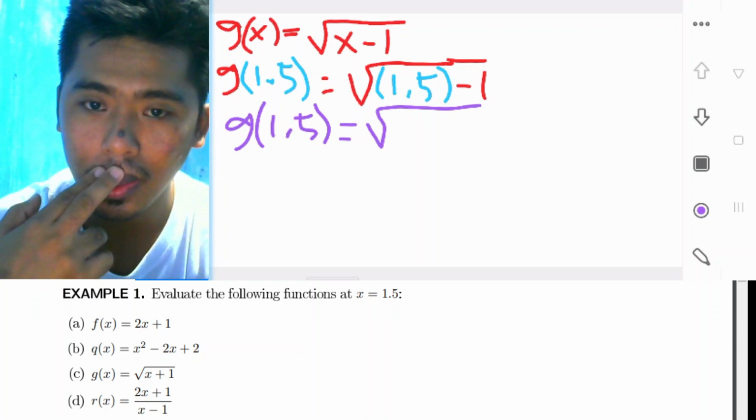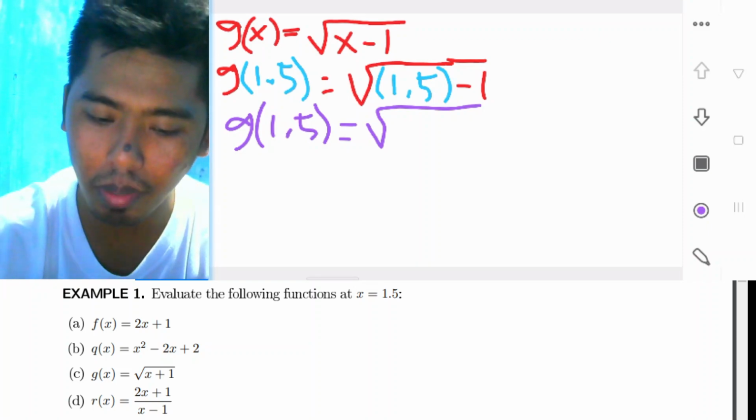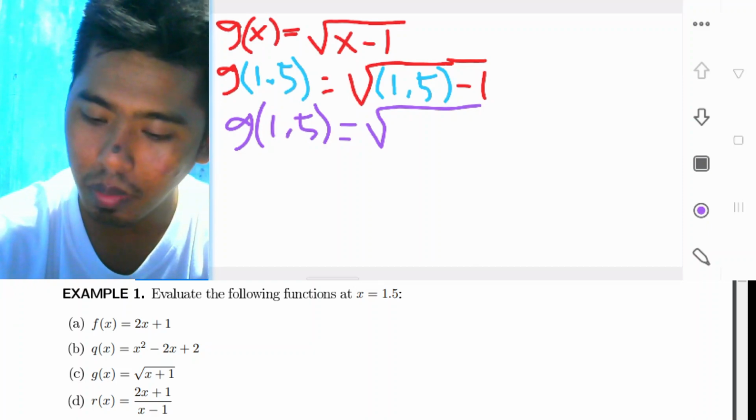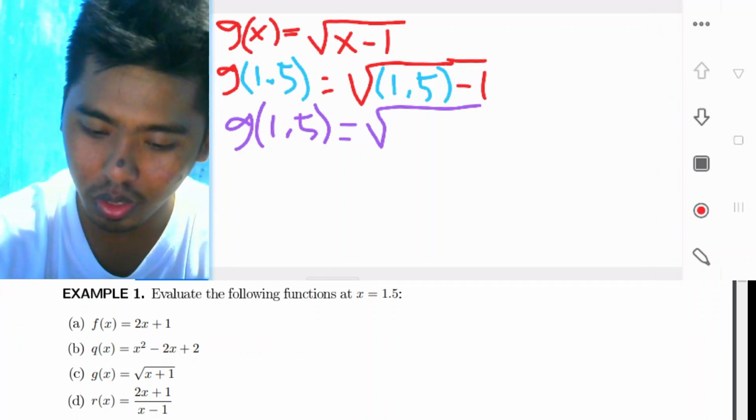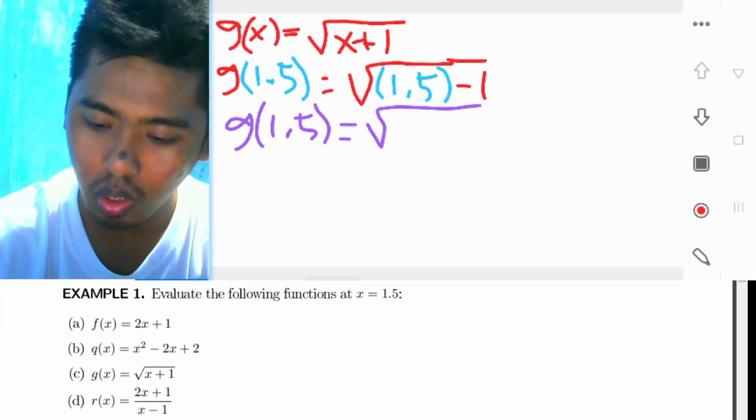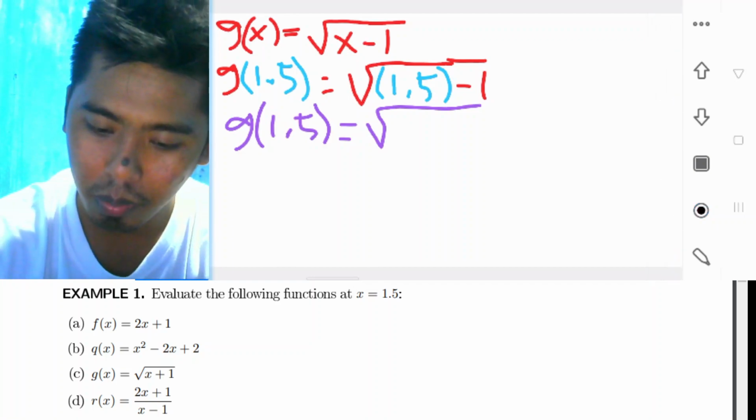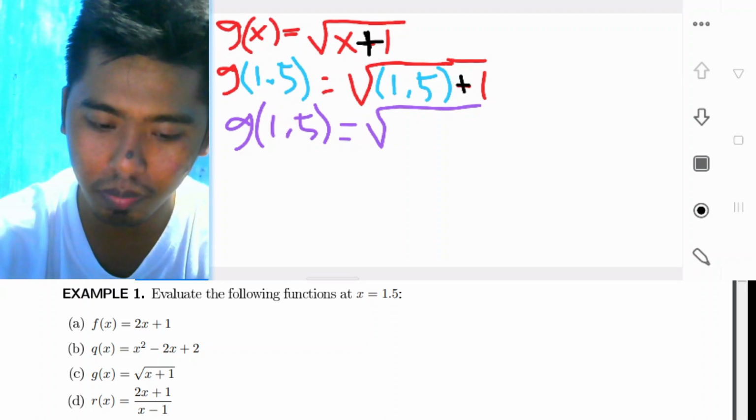Wait, sorry, my bad, it's not minus, this should be plus here. That would be positive 1, so this would become plus 1.